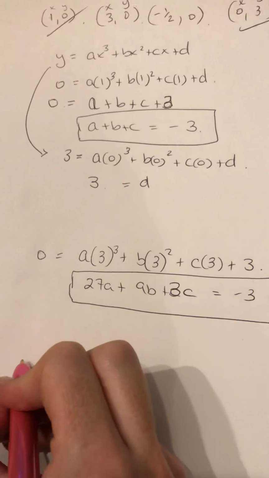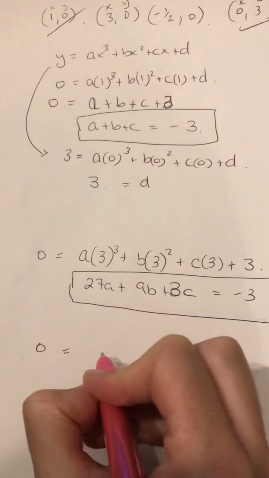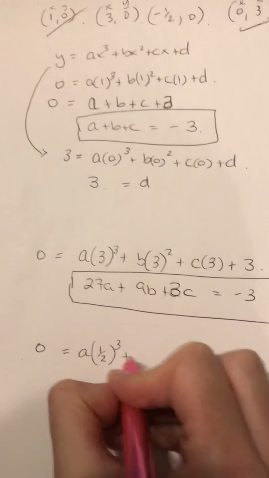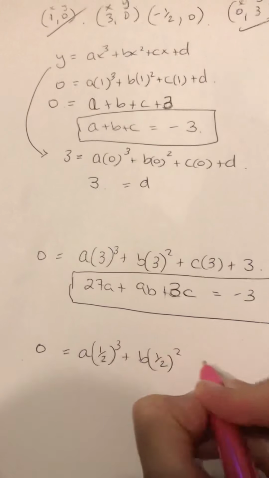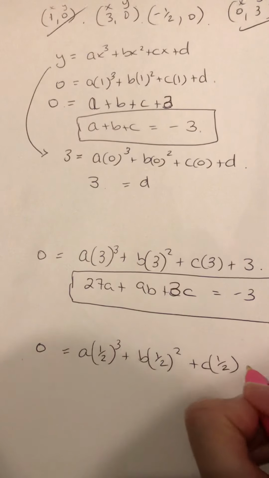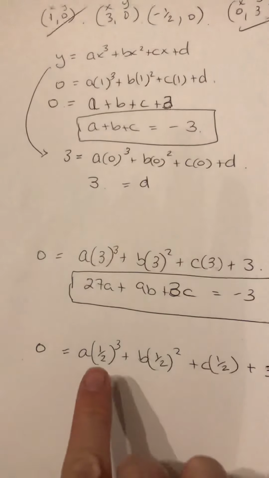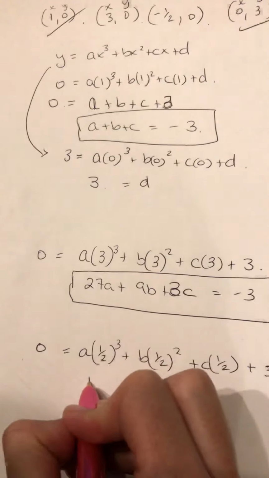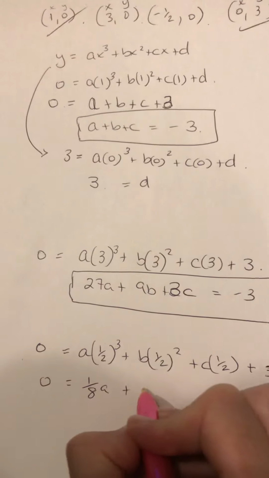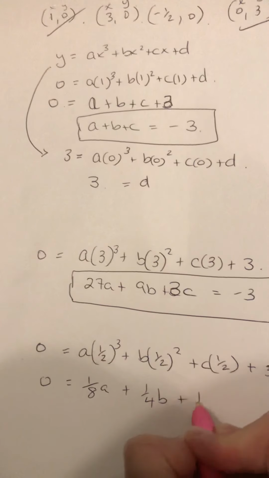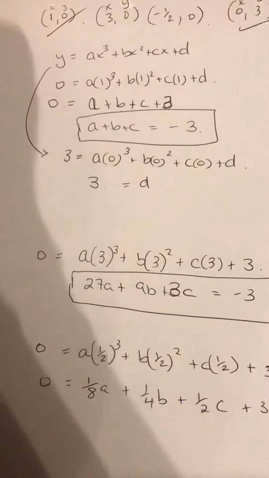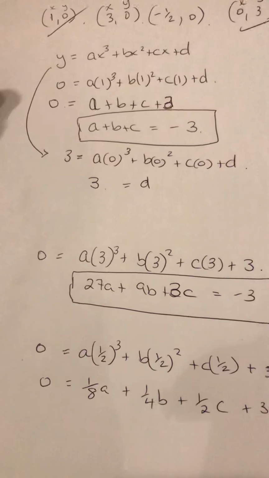And then the third one is minus a half, 0. So y is equal to a times a half cubed plus b times a half squared plus c times a half, sorry, my dogs are barking in the background there, plus d. So this cubed is 1/8 a. This squared is 1/4 b plus a half c plus 3. I'm going to multiply everything by 8 in order to get rid of my fractions.